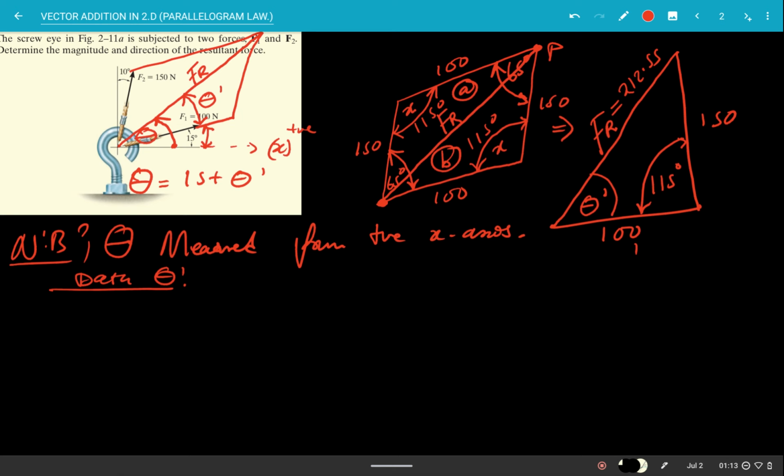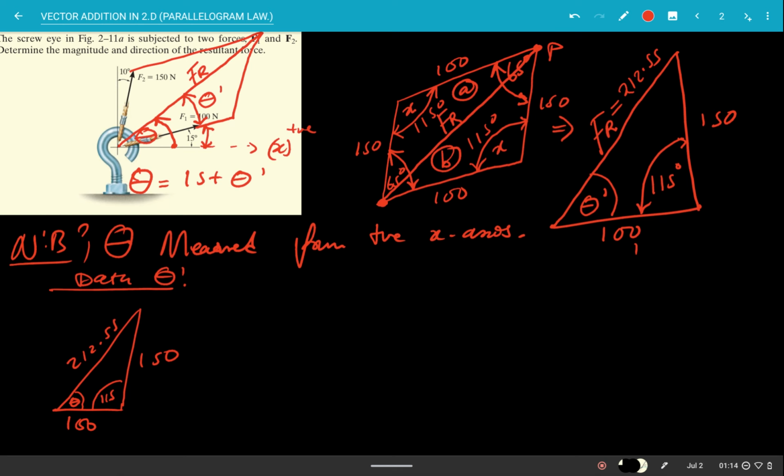So just a random drawing there. We have 115, we have 212.55, we have 150, and we have 100. And we're looking for this angle here, theta. Now, whenever we're looking for the direction, we mostly use the sine rule because it's just quicker.